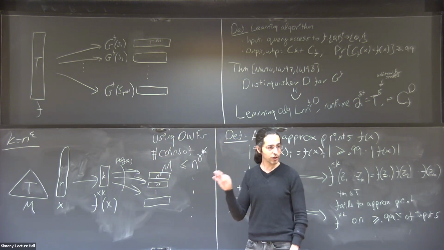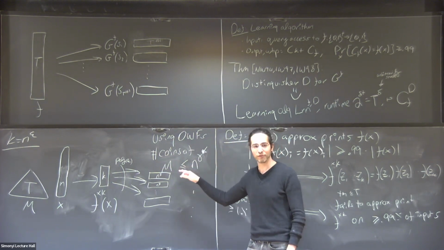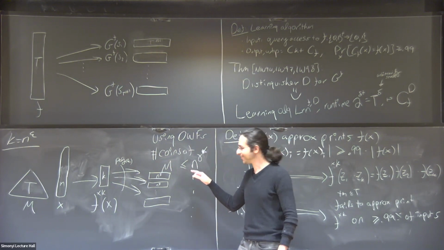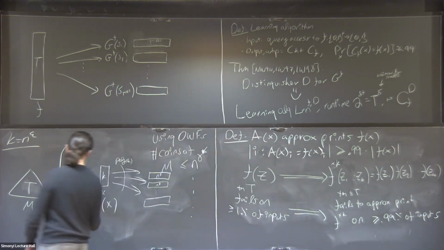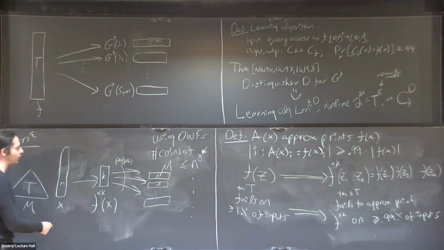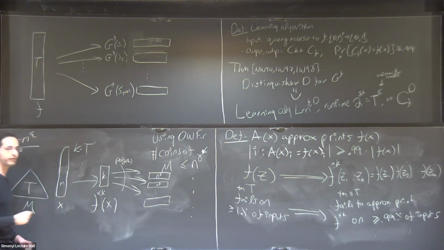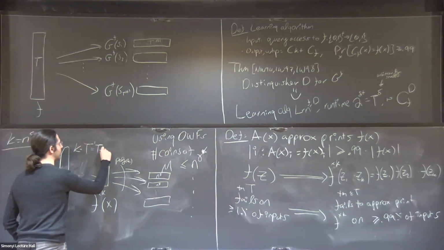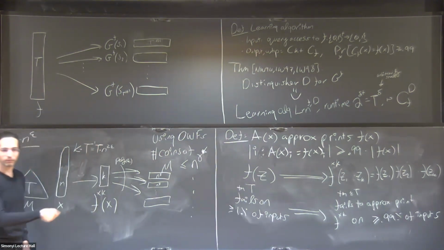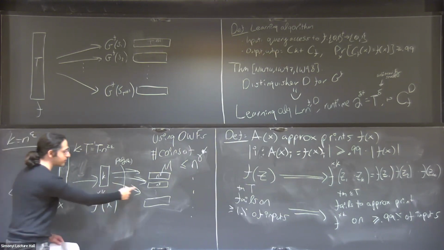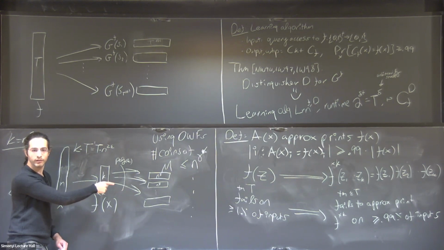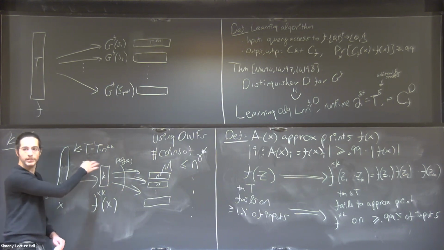Just as a sanity check, let's see that this is fast before we even see that it works. Okay? So, computing this transformation, how much time does it take? Well, we have k coordinates, each of them takes time t prime. This is t times n to the 2 epsilon. Again, very close to t. Computing this transformation has nothing to do with t. This is a transformation on a k-bit string.